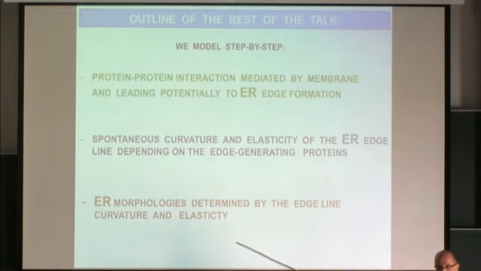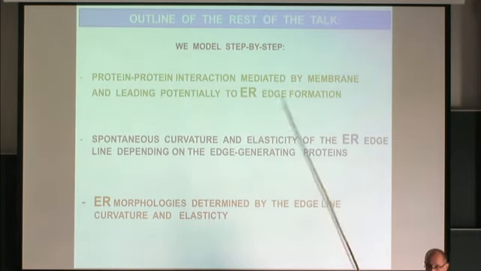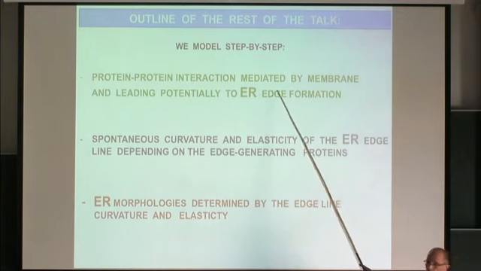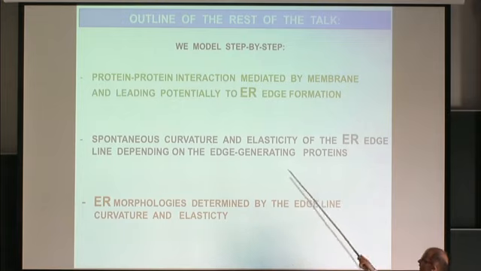The logic of our work was the following. First of all, to find the physical basics which would justify the assumption of this model, meaning to find out whether proteins such as arcs interact with each other through the membrane, possibly so that they would line into strip-like arrays; to make sure that these arrays generate indeed sheets, meaning that they bend the membrane underneath and the membrane outside would form a flat sheet with two parallel flat membranes; and that these arcs could generate, depending on their structures, edge lines with positive and negative curvature.